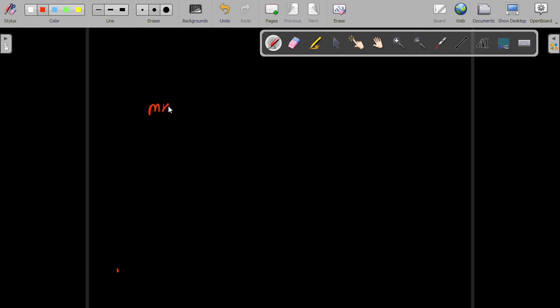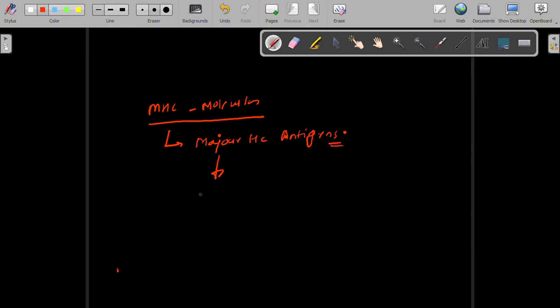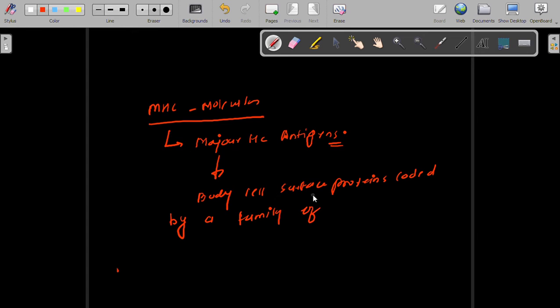So MHC molecules, that is major histocompatibility antigens, are body cell surface proteins coded by a family of polymorphic genes.